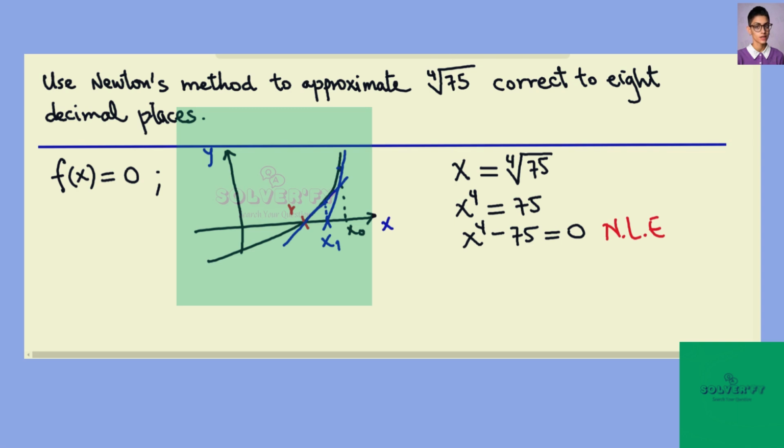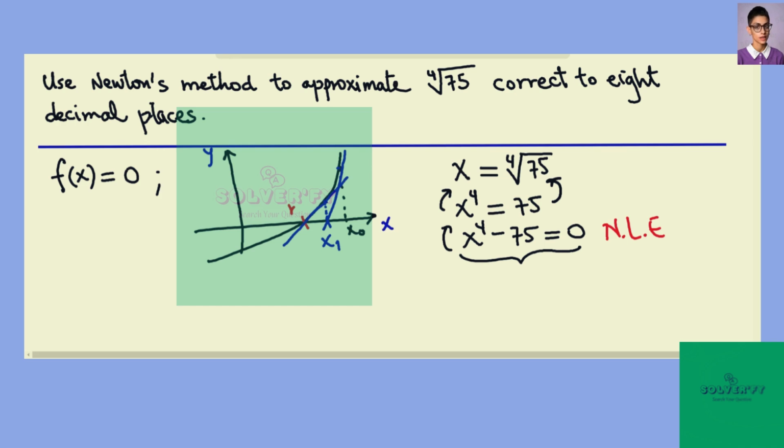And what happens if we find an x which satisfies this equation? Well, we do the inverse process. We have this equation, and then this implies this. We can take the fourth root because 75 is a positive number.